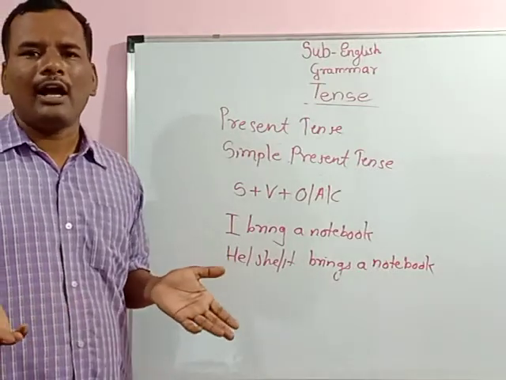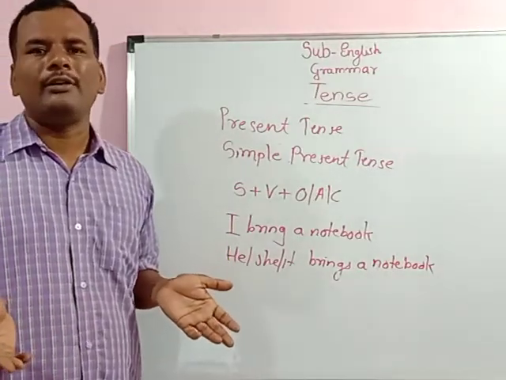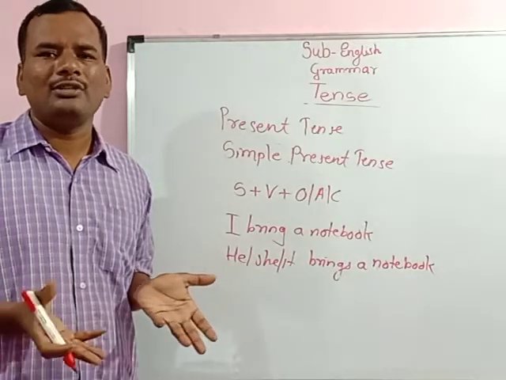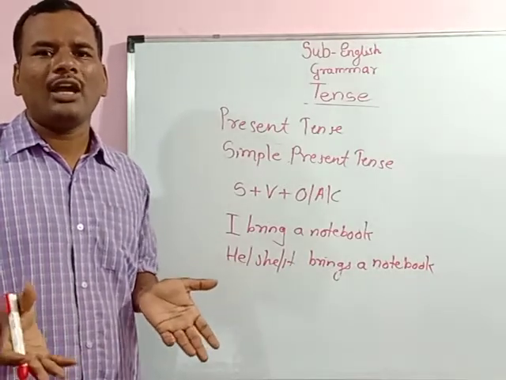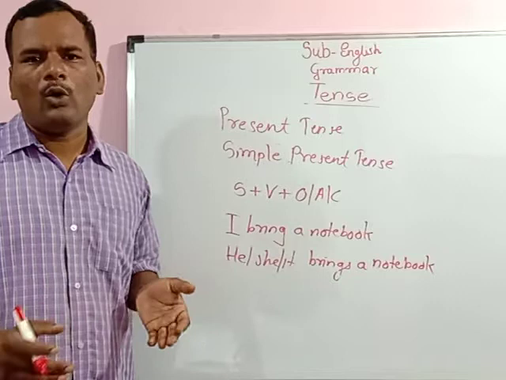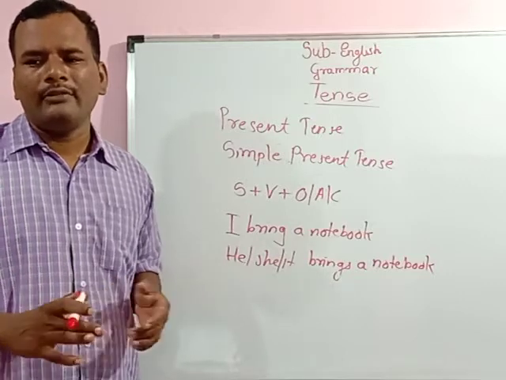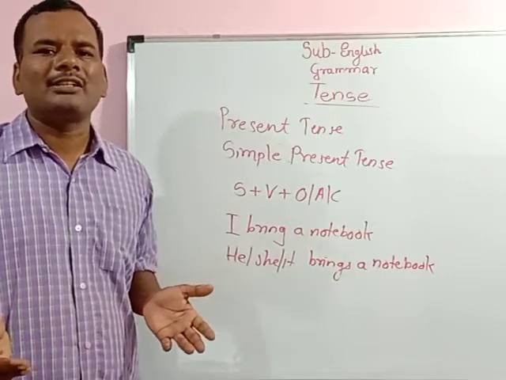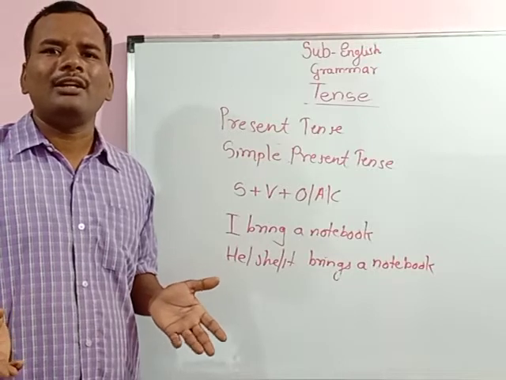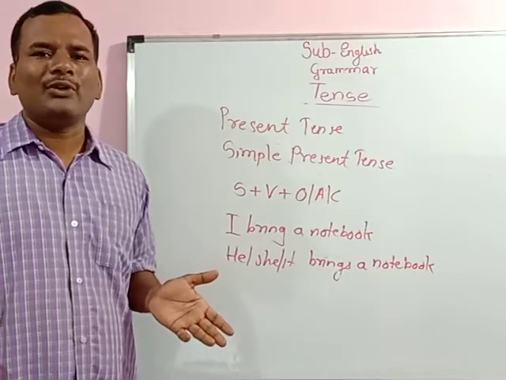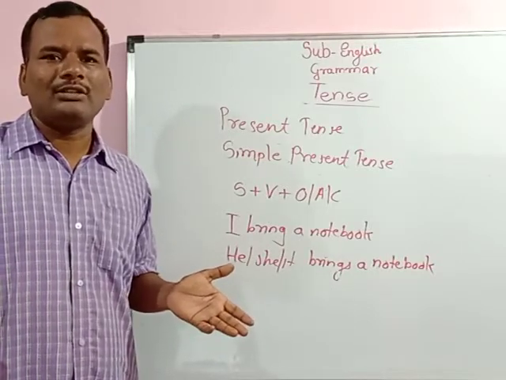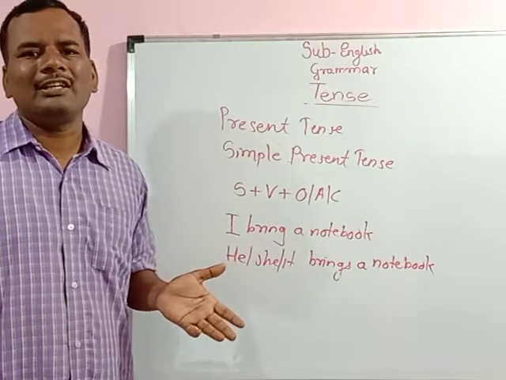For example, I go to school, or they work in the company. These are actions which take place regularly, always. Here, the simple present tense cannot tell about the definite time in the present tense. That's why it is also called the indefinite present tense.